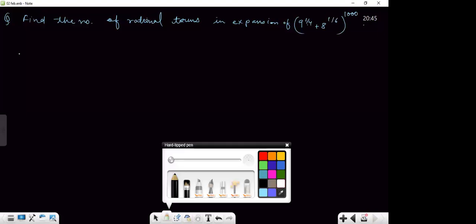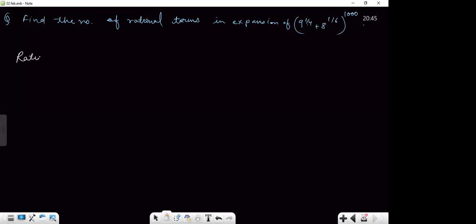Now, what is rationality? Any number that we can write in the form of p by q. But going by the definition, it will be hard for us to determine which terms will be rational and which will not.